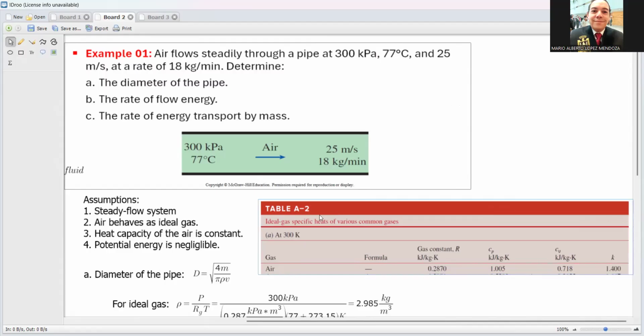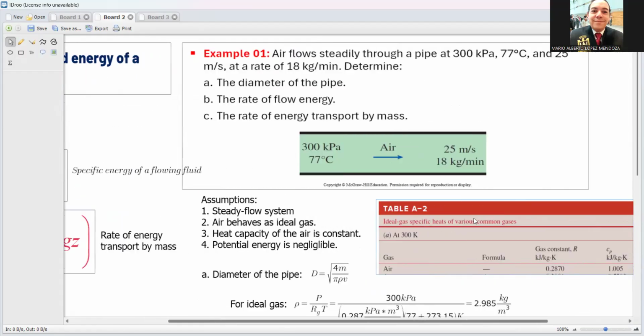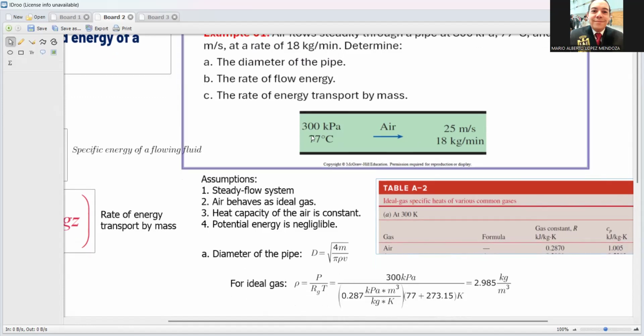So if you see, we need to recall all the theoretical concepts that we have defined in this second topic. Remember that at first it's important to state all the assumptions that we need in order to solve the problem in an easy way.